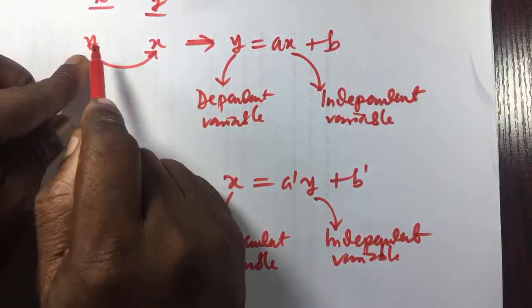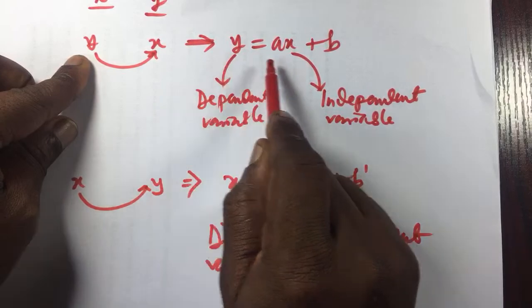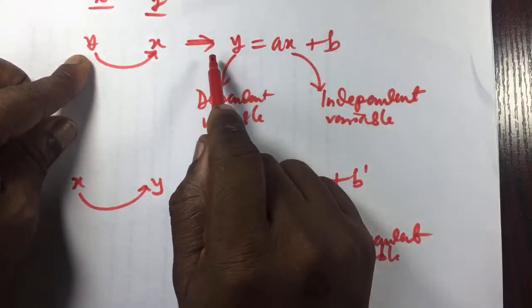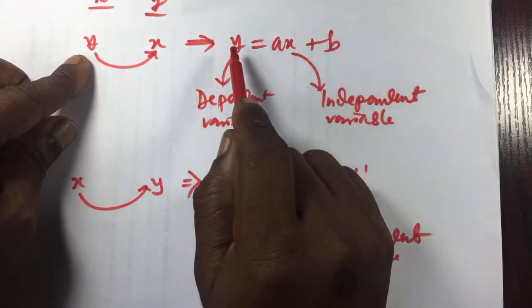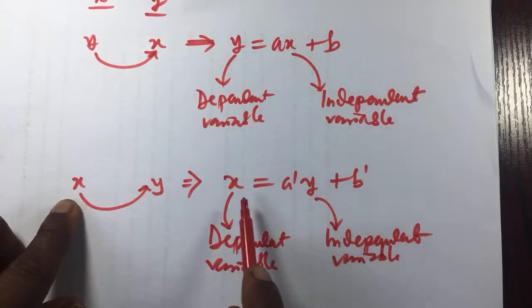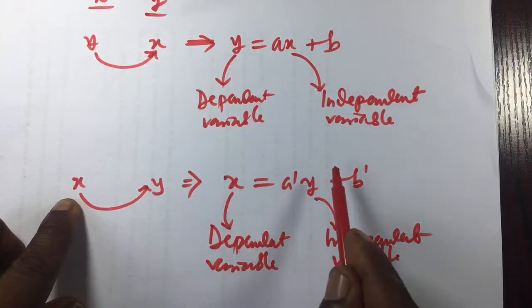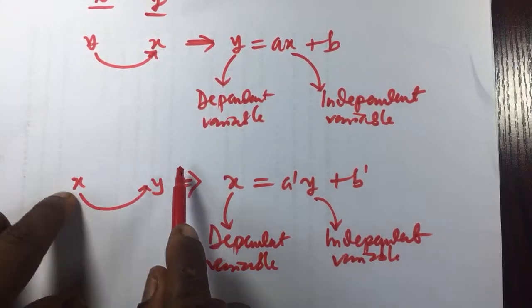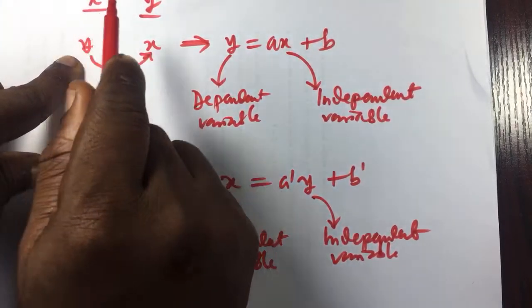When you regress y on x, it means you would have an equation like this. What did we call this equation in the last class? We called it the regression model of y in terms of x. What did we call the regression model in this case? We called it the regression model of x in terms of y. Because in this case, we were regressing x on y. But in this case, we were regressing y on x.